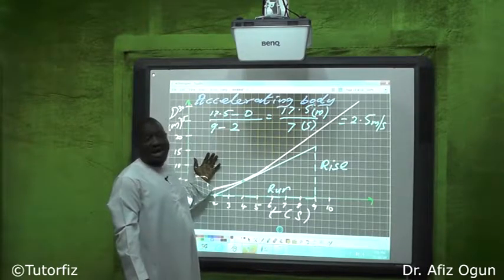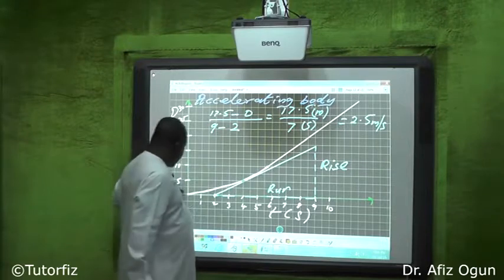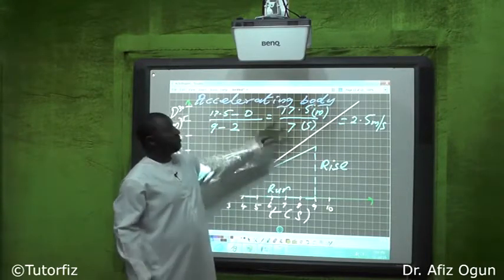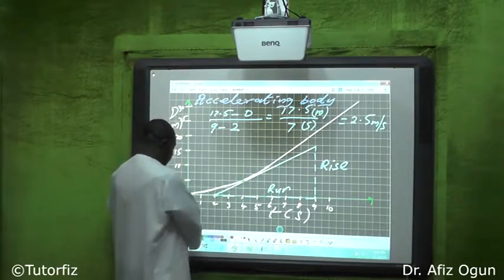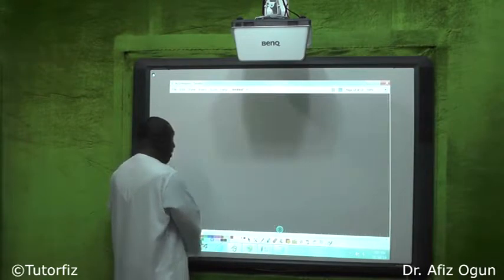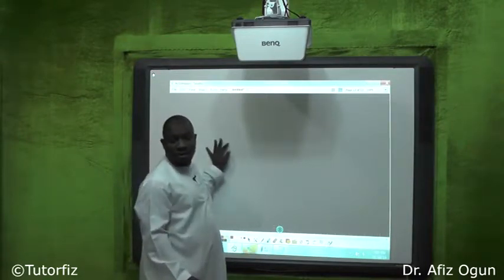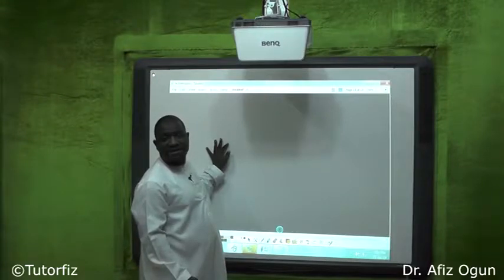So you can see an accelerating body: the curve is gentle before it becomes steep. And you can be given a decelerating body, a body that is decelerating.